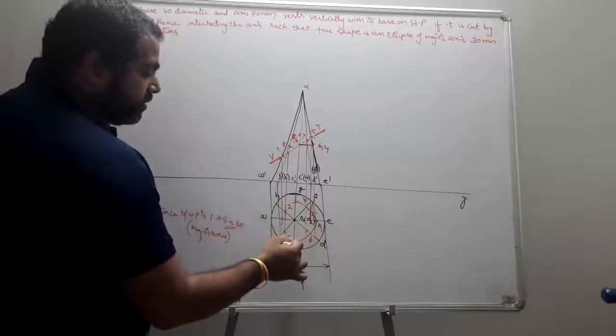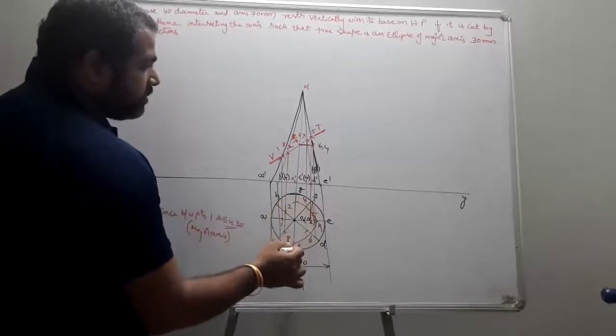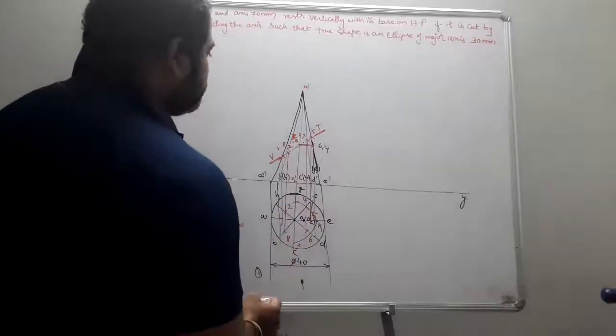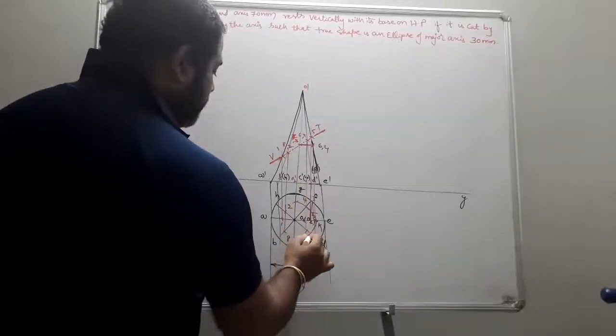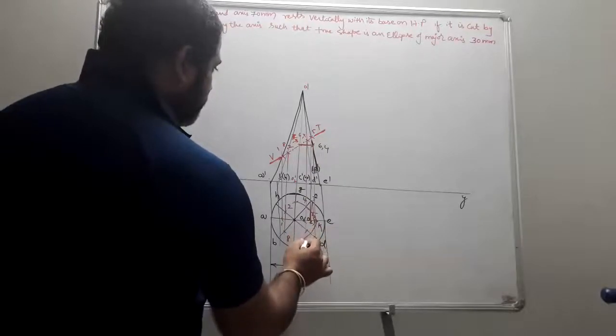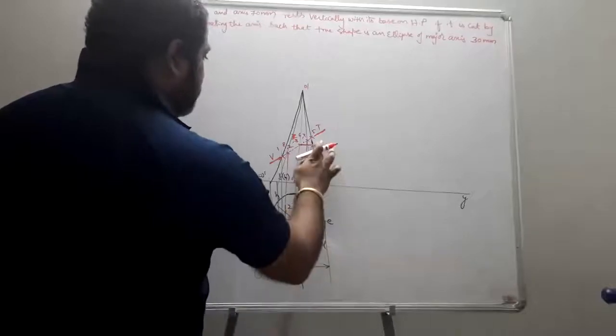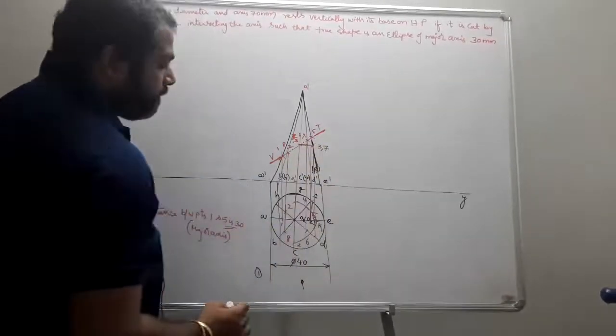This becomes your 7, this is 7, 6, 4 and 6. So actually this was 3 comma 7.